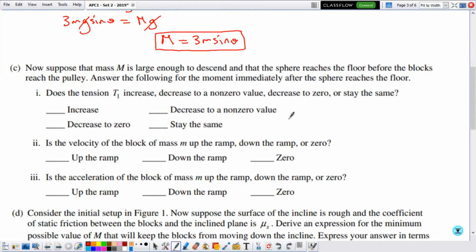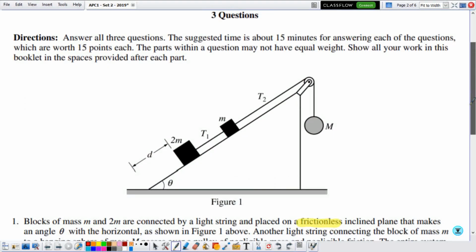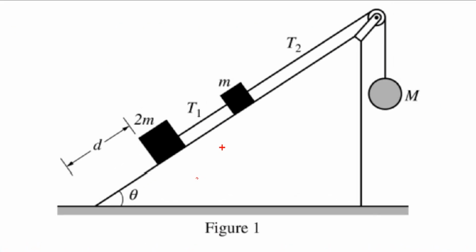Now they're asking you for the tension. Does the tension T1 increase, decrease to a non-zero value, decrease to 0, or stay the same? So we have 4 options. Now the moment this sphere reaches the ground, if you imagine what's happening here, this is being launched up with a certain velocity.